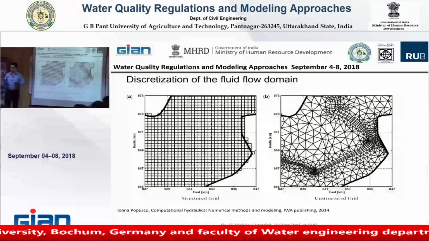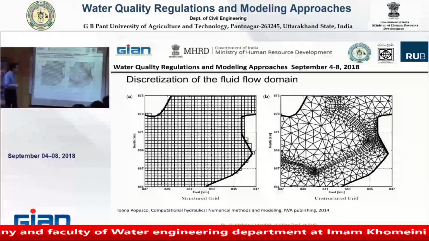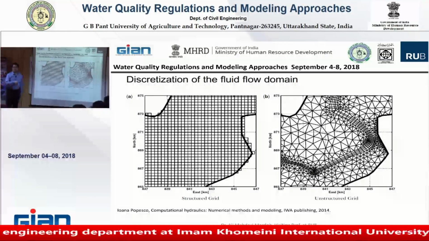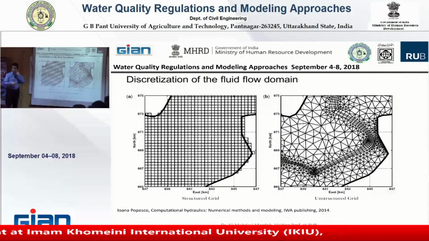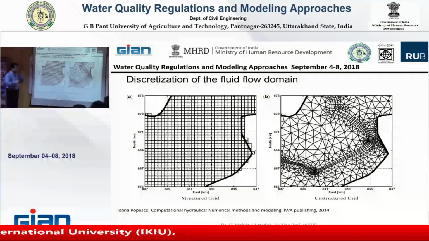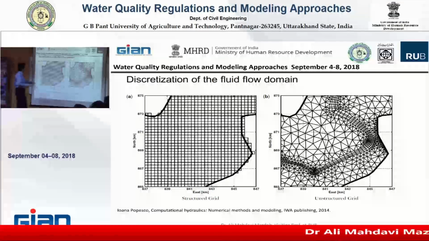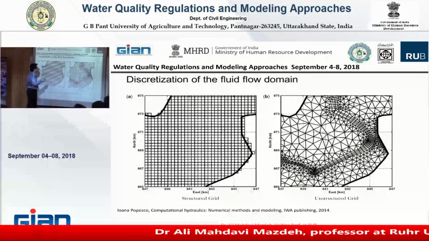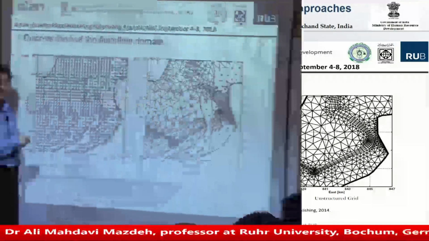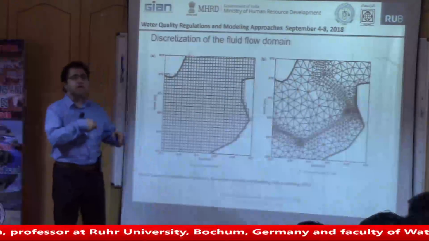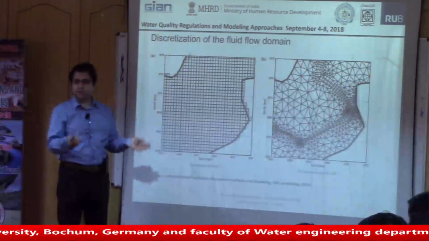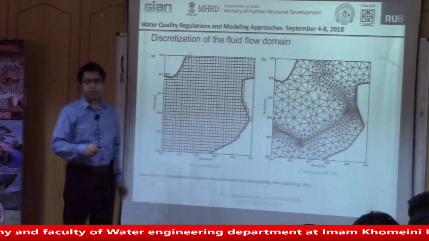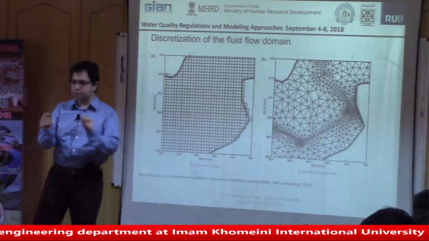What FEFLOW does is, at first it makes some grids, and then afterward it solves the equation on these points, not in the middle. Then you have answers only on these points.